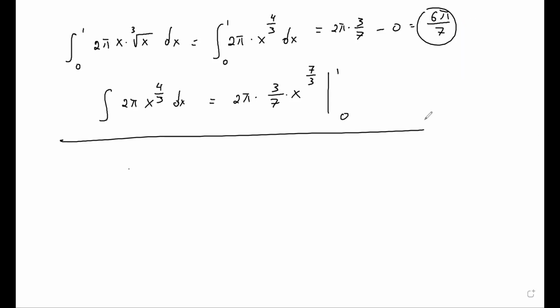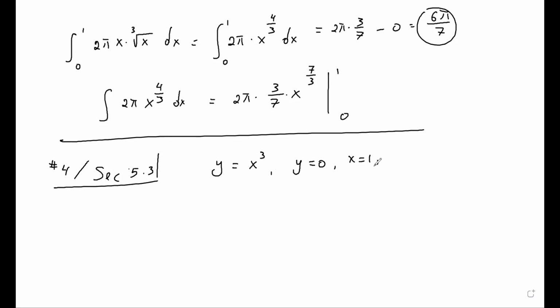Let's do another example here. So number 4 from section 5.3. Apologize. All right, it says you've got y equals x cubed, and then y equals 0, x equals 1, and x equals 2.